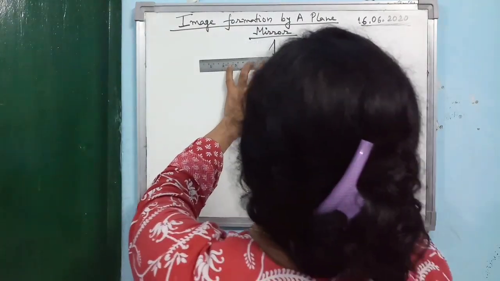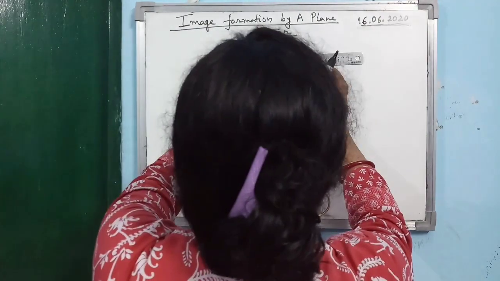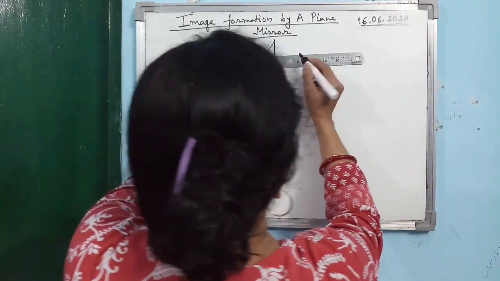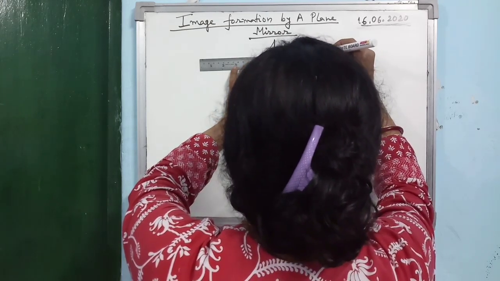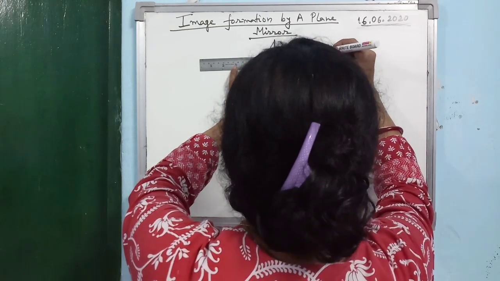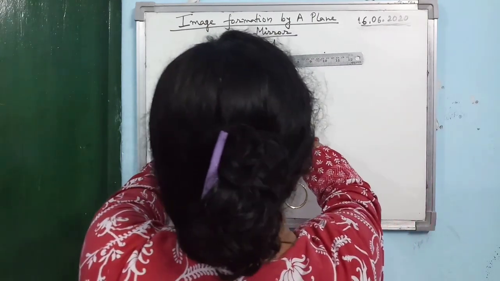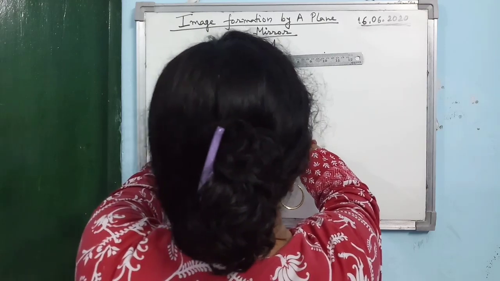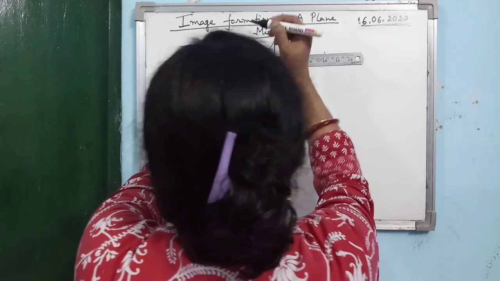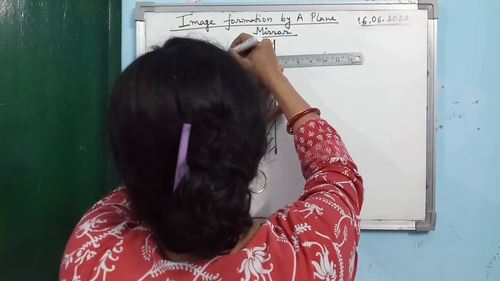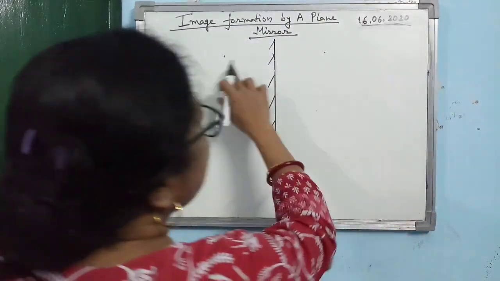Is that clear? Then, from the mirror, at a distance of 3 centimeter or 5 centimeter, you put a mark in front of the mirror, and holding the scale at the same position, you put a mark at the back of the mirror at the same distance.